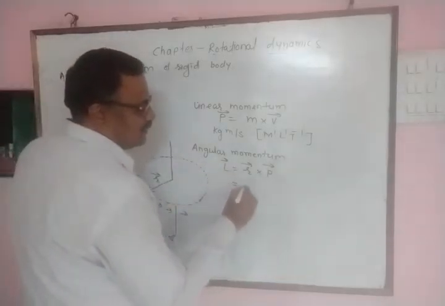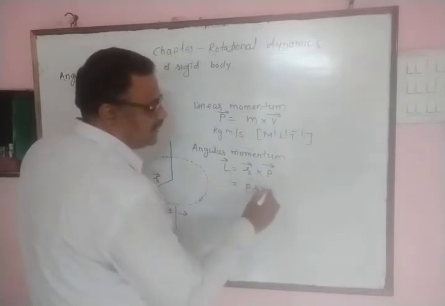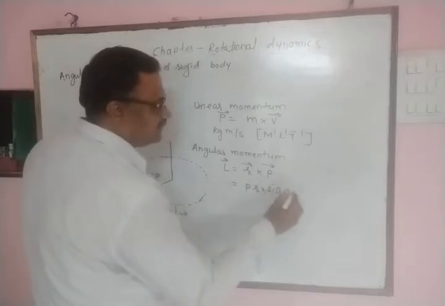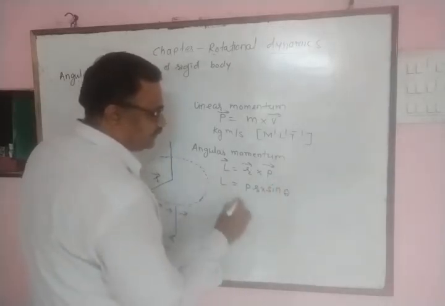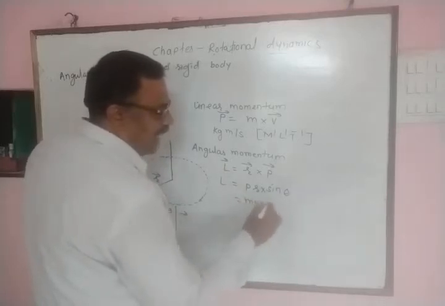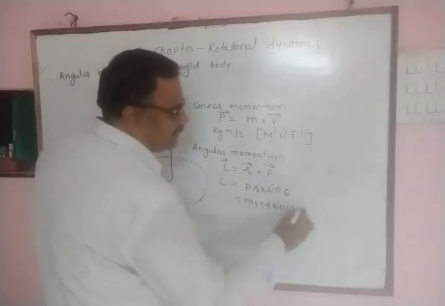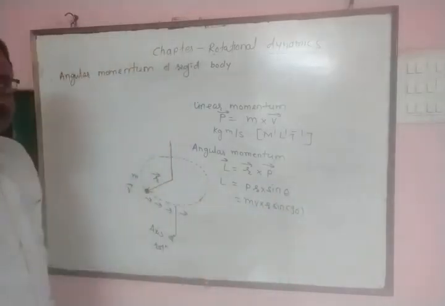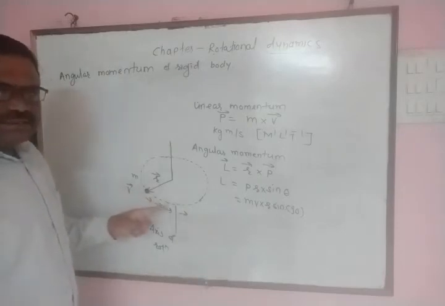Therefore, the magnitude of the first vector into the magnitude of the second vector into sine of theta. This is the formula to calculate angular momentum: m v r sine theta. But remember, here theta is 90 because linear momentum is along the direction of the tangent.